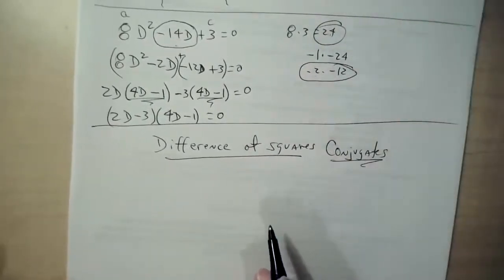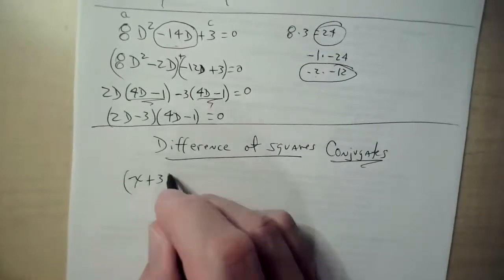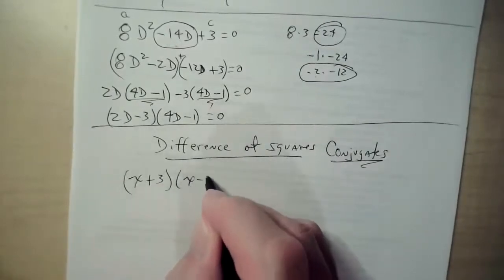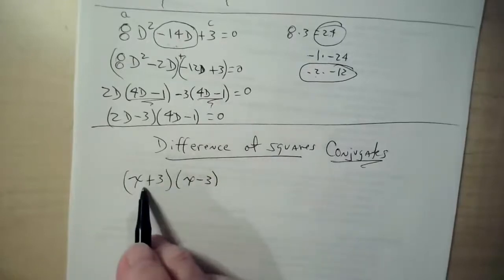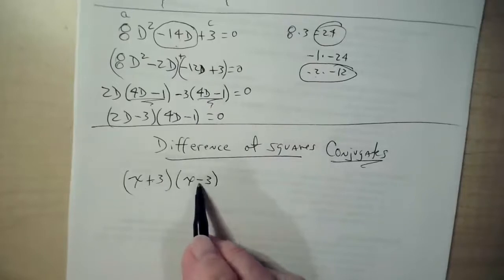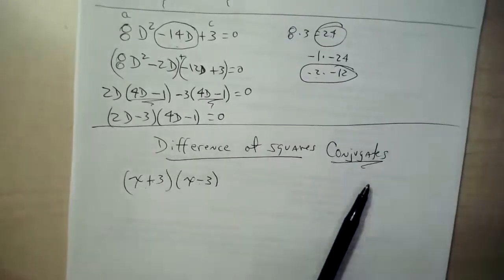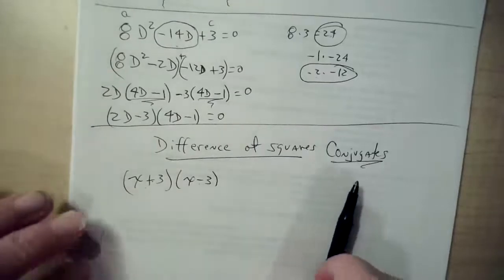You're going to run into more and more of this as the semester goes on. If we have x plus 3 times x minus 3, same numbers in both of them, the only difference is one is a positive and the other is a negative. This is called a conjugate. Now what's going to happen is the linear term, the middle term, is going to be eliminated.